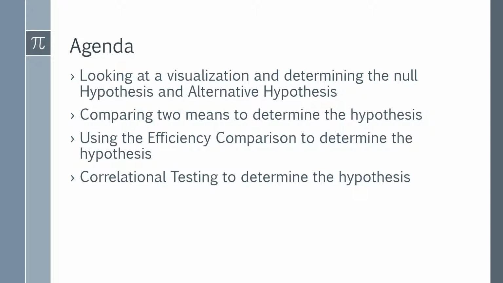In slide 3, we're going to look at the efficiency comparison and give a null hypothesis and an alternative hypothesis of that visualization. And finally, in the last visualization, we're going to look at correlation testing. And again, we will determine the hypothesis of that and see if we need to reject or take it from the null hypothesis.